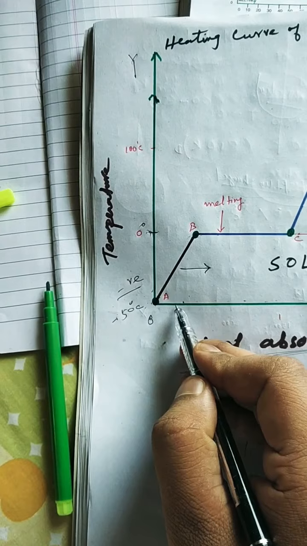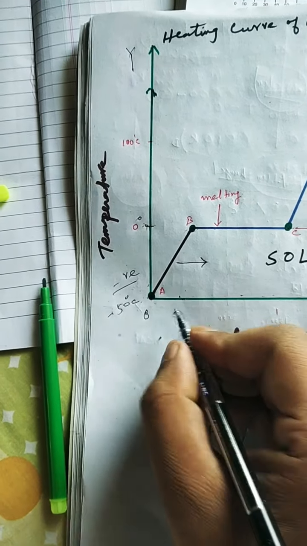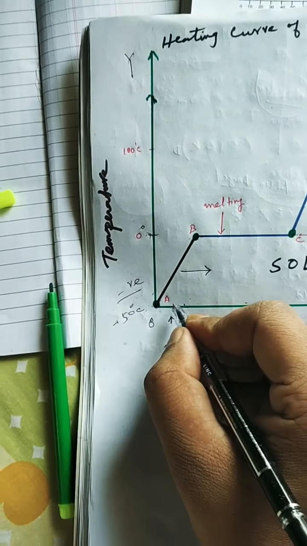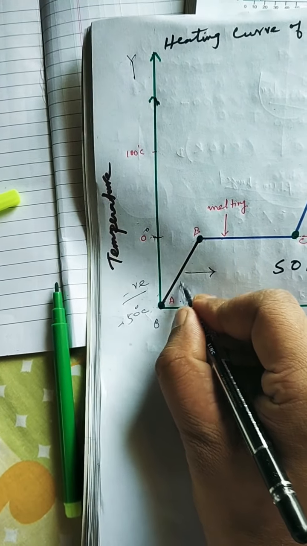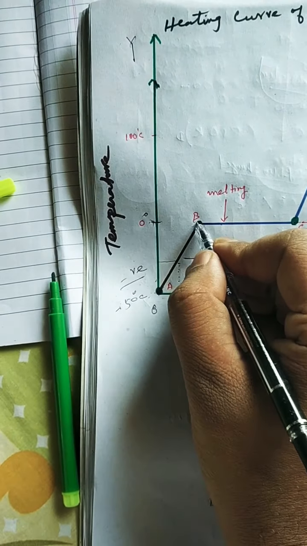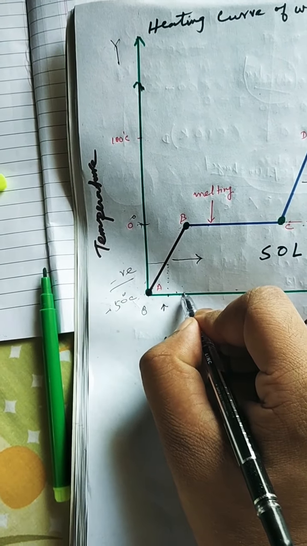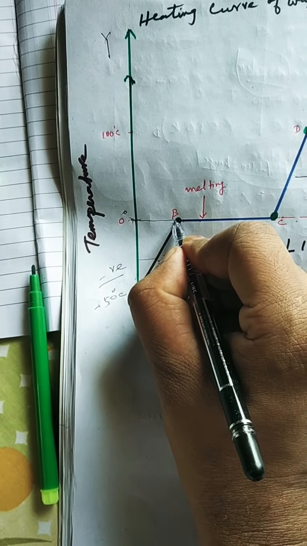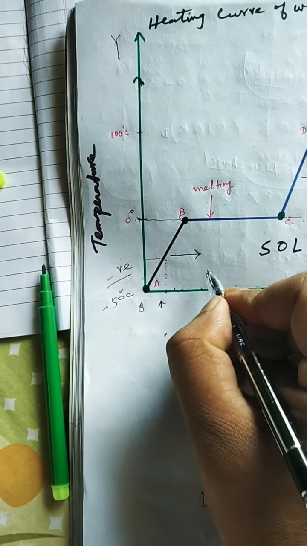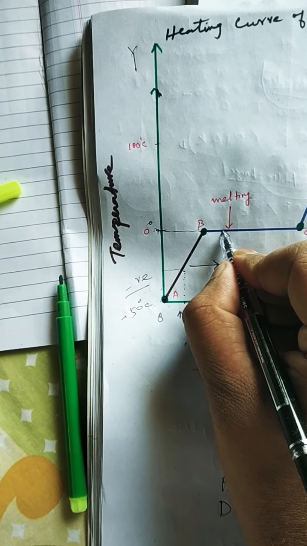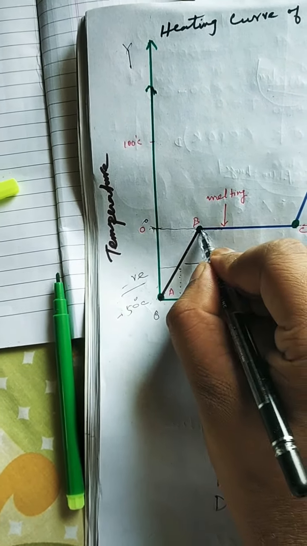If you supply some heat at this point, the temperature will increase. After supplying some more heat, the temperature of the ice becomes 0 degrees. If you supply more heat, the temperature stays at 0 degrees, but the ice will melt.